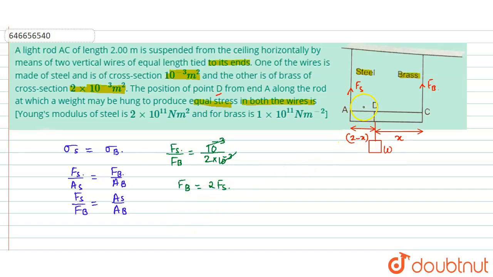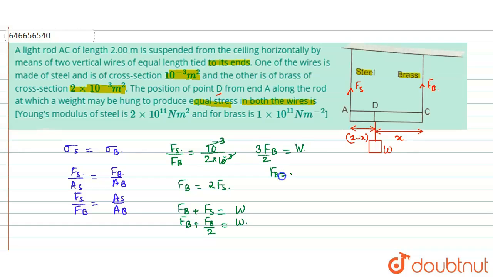Now these two forces Fs and Fb will simply balance the downward force. So we can also use the equation Fb plus Fs equals W. Putting the value of Fs from here, we get Fb plus Fb by 2 equals W. Now you get 3 by 2 Fb equals W. So from here you can calculate the value of Fb.